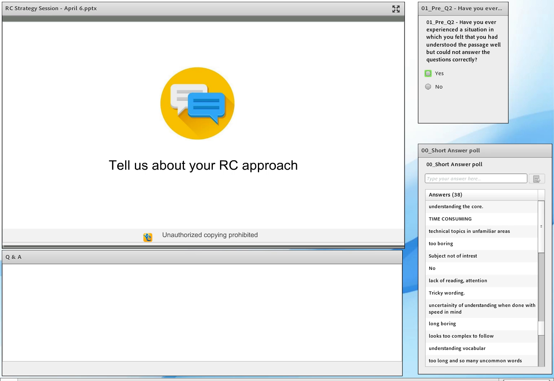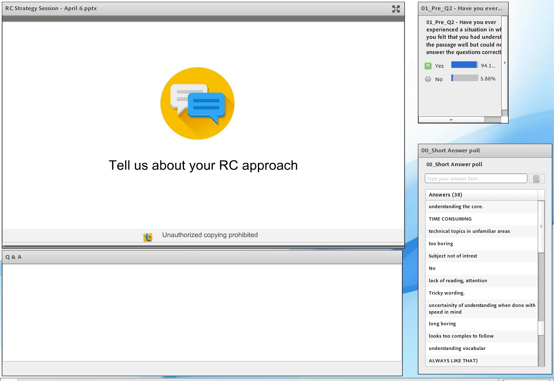How many of you have experienced that scenario? And in fact, this is a scenario in which you actually feel good after reading the passage and you feel that okay, you have understood it, but you again end up getting stumped when you look at the question. So almost everyone has experienced that scenario. Okay. All right, well and good.